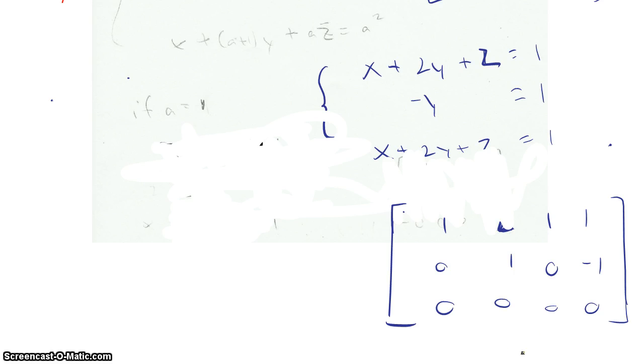So in that case, I have all zeros at the bottom, so I can let my z be free. So z can be whatever number I want. I have that my y is going to be -1, and then from there I can figure out what x is.